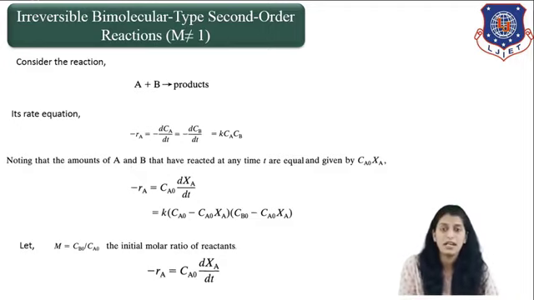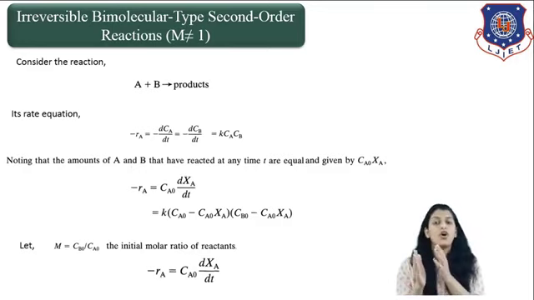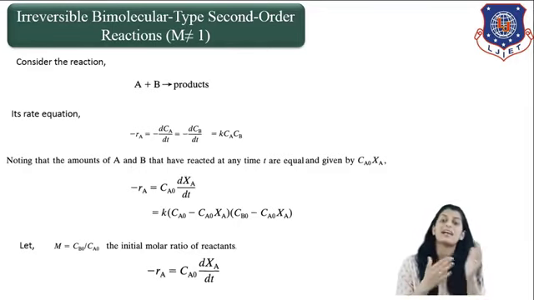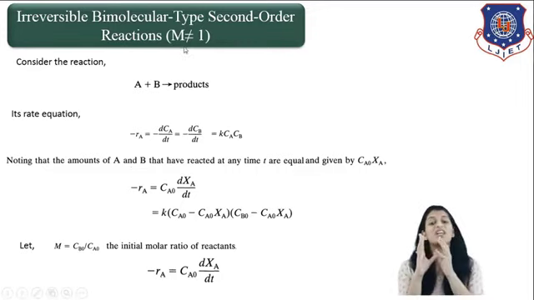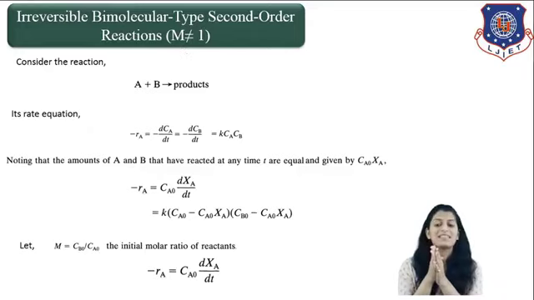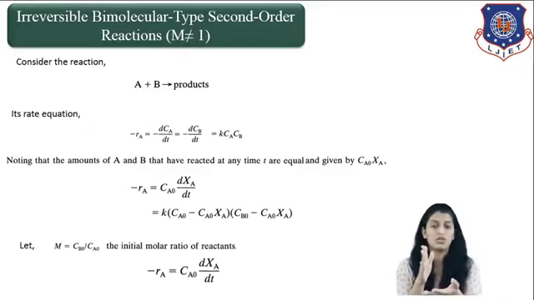In this particular reaction, two different reactants are combining together to form the desired product. So we are considering two different reactants, A and B, combining together to form the desired product. M not equal to 1 refers to the initial concentrations CA0 and CB0 not being equal for both the components.